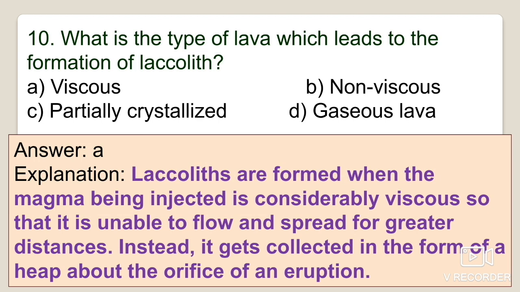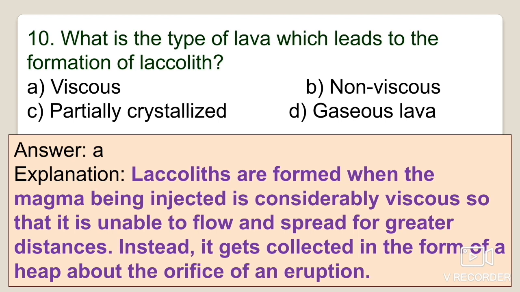Laccoliths are formed when the magma being injected is considerably viscous, so viscous that it is unable to flow and spread for greater distances, and instead it gets collected in the form of a heap about the orifice of an eruption. So that is viscous in nature.